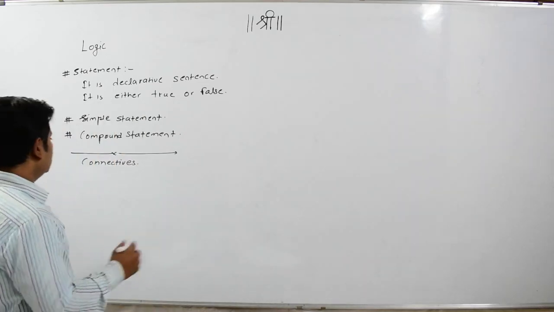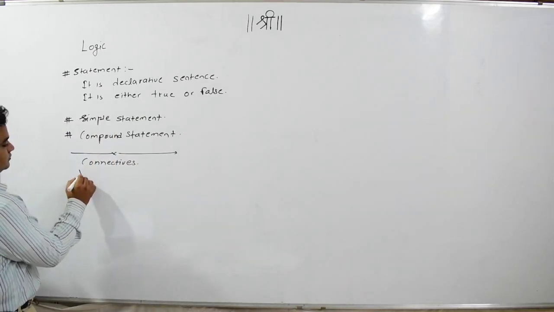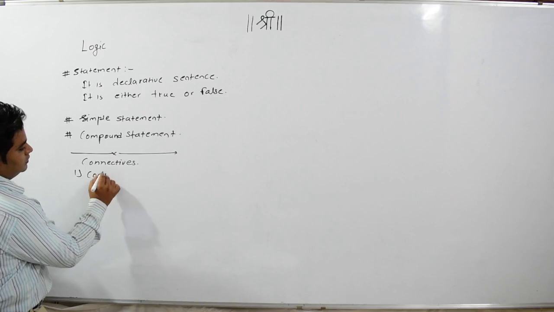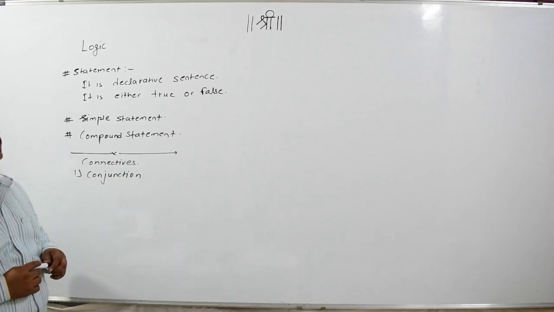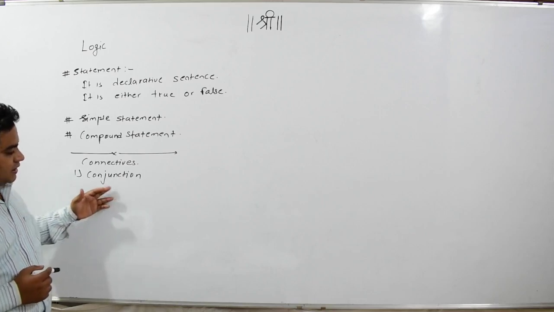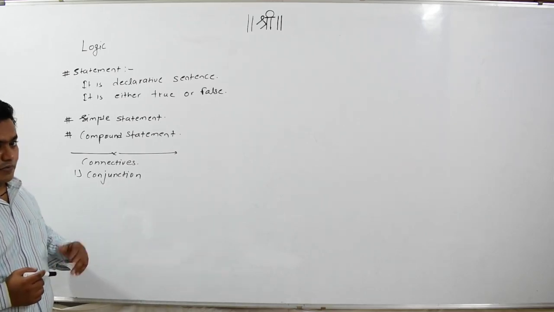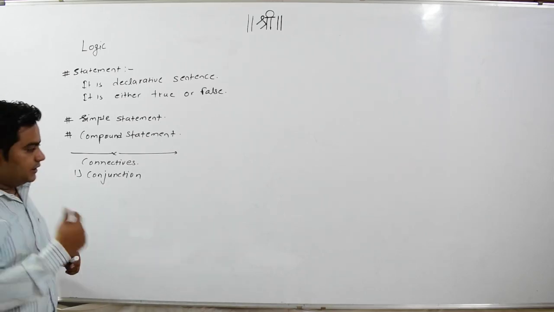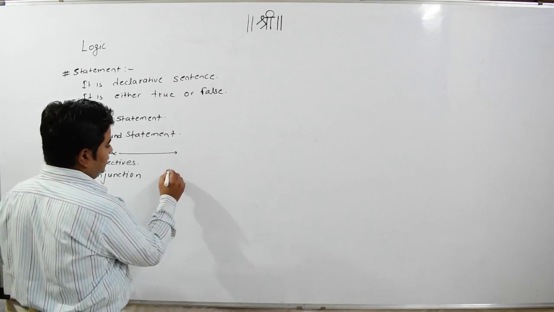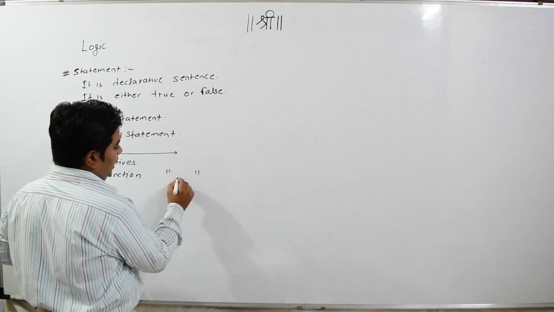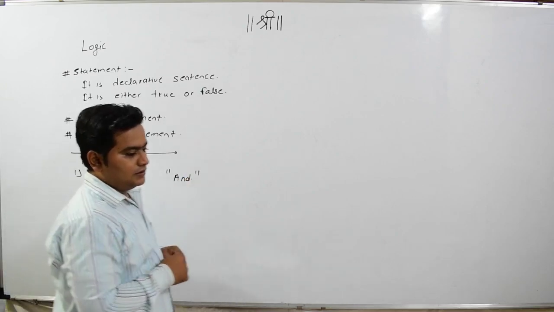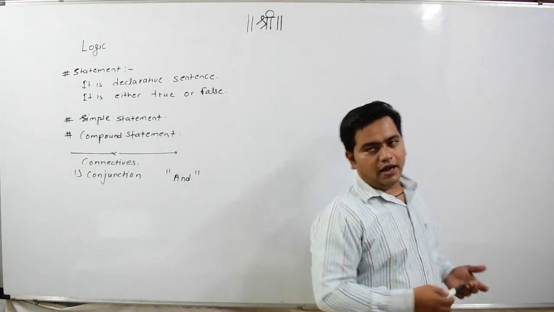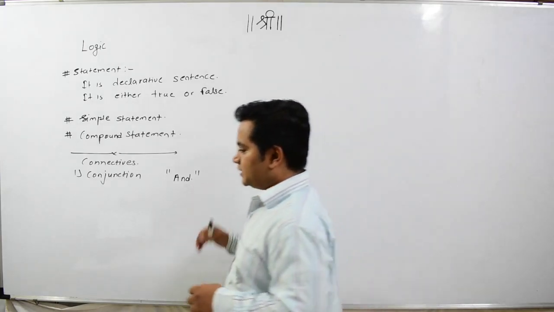The first connective is conjunction. Conjunction represents the grammatical connective 'and'. Mathematically, how can we represent two statements?